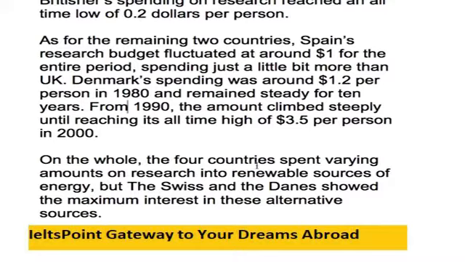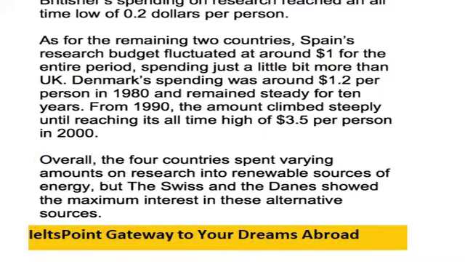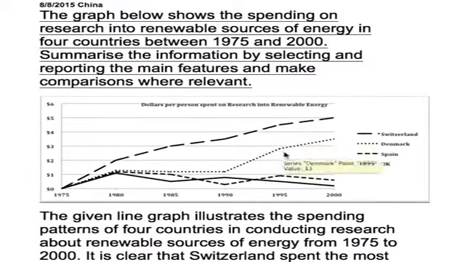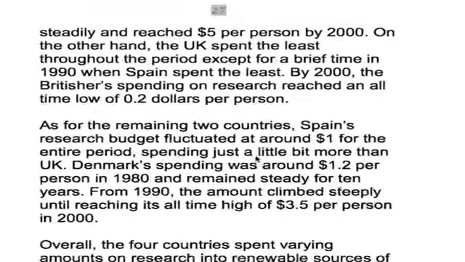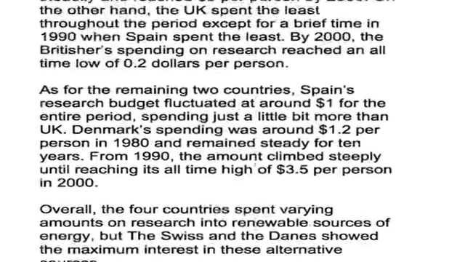On the whole, the four countries, so you can say overall, the four countries spent varying amounts on research into renewable sources of energy, but the Swiss and the Danes showed the maximum interest in these alternative sources. The Swiss and the Danes showed more interest than Spain and UK. So they showed the maximum interest in these alternative sources.